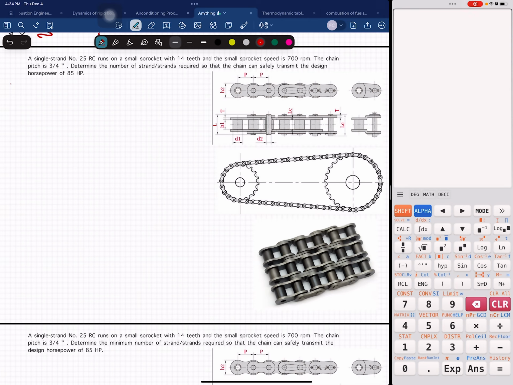First equation, we have HP equal to KT, the number of teeth of the small sprocket raised to 1.08, and then your sprocket speed raised to 0.9, pitch raised to 3 minus 0.07 of your pitch, and this is your link plate fatigue equation.